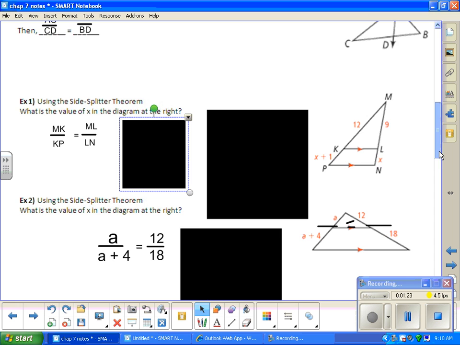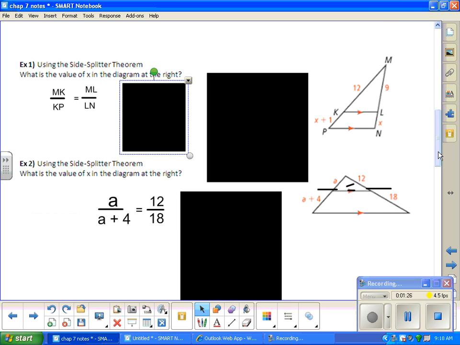So example 1, using the side splitter theorem, what is the value of x in the diagram at the right? So we're trying to find out what x is equal to. The side splitter tells me that I want to write a proportion, and I've written a proportion using the name of the triangles. So MK over KP equals ML over LN.